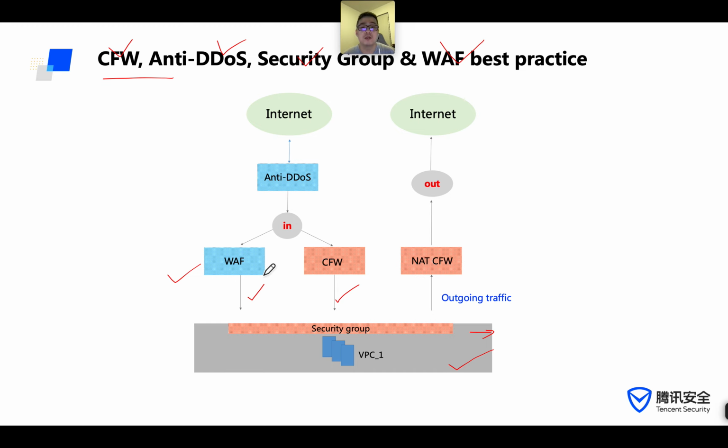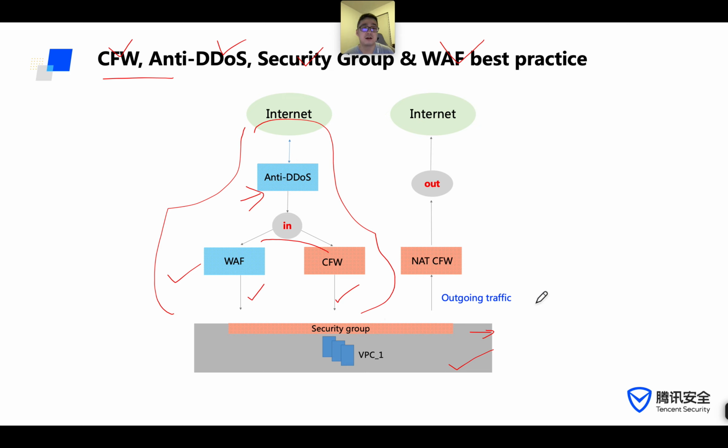And on the access layer, on the edge, we have the anti-DDoS solutions to protect you against volumetric DDoS attacks and also layer 7 DDoS attacks. So this gives you the overview of how we can combine these three solutions together to give you holistic protection of all the different kinds of workloads that you have.